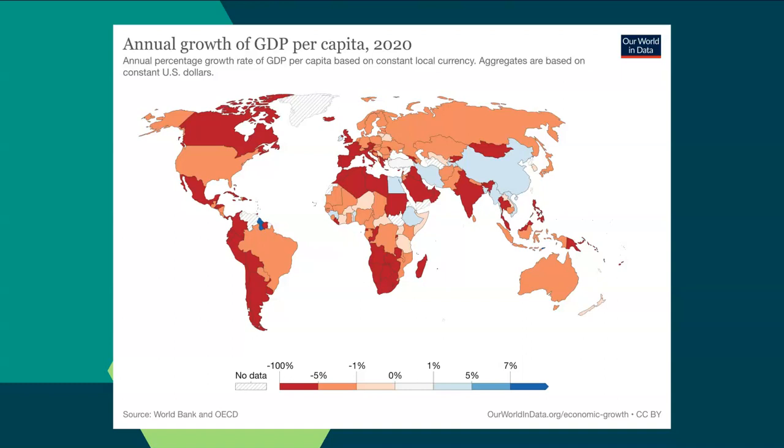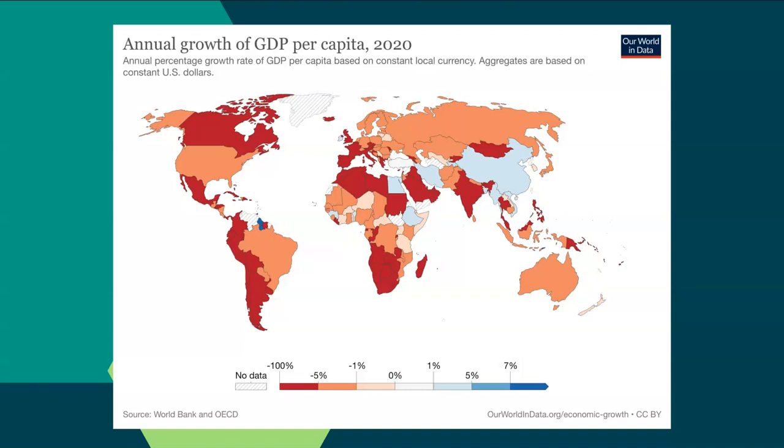So, first of all, GDP of a country is an economic key figure. It represents the market value of goods and services produced in a country within 1 year. This map here indicates the annual growth of GDP per capita. In 2020, the United States, which is in a peach color, had an annual growth of negative 4.33% per capita.